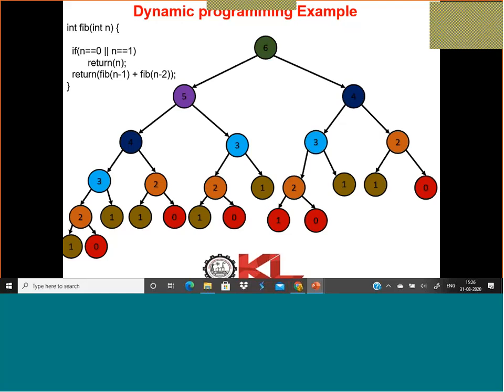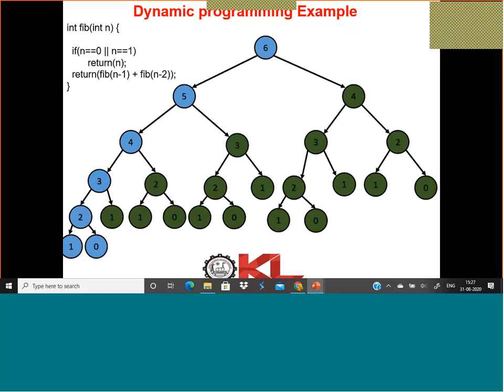Okay. So similarly, when you take Fibonacci of 3, how many 3s are there? So many are there.